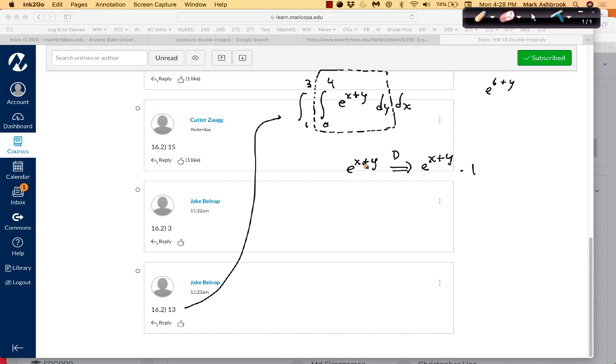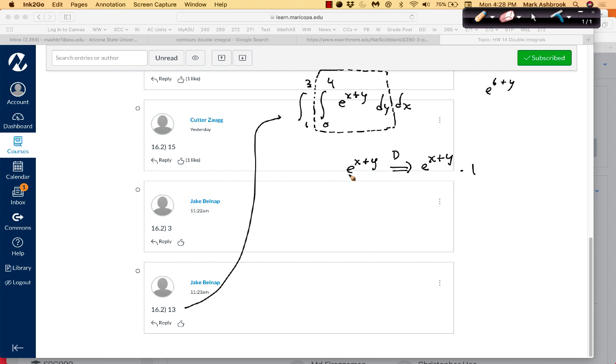So e to the x plus y is an antiderivative. We know the derivative and antiderivative of an exponential function is itself, right? So I just wrote down itself, thinking, okay, the antiderivative is e to the x plus y. But to check it, I take the derivative to see if I get exactly what I started with.